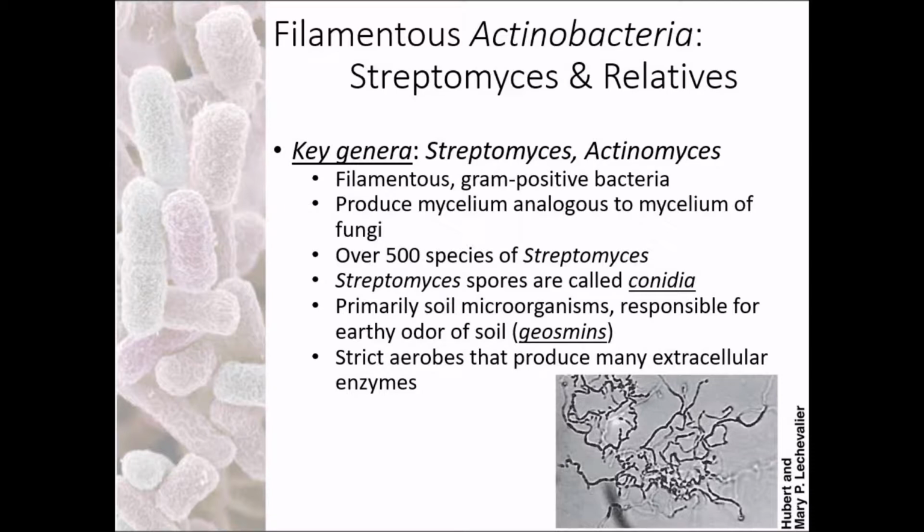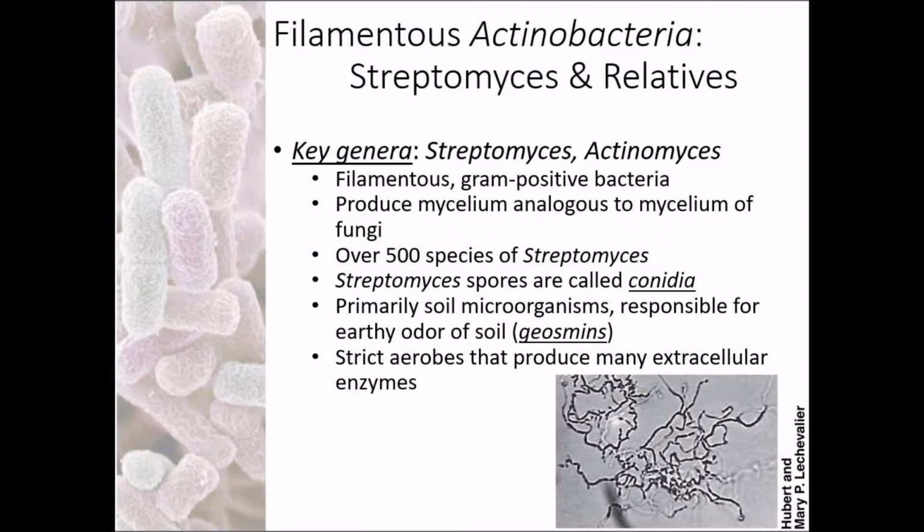Next, key organisms, Streptomyces and Actinomyces within Actinobacteria. They are filamentous, gram-positive bacteria, produce mycelium analogous to mycelium of fungi. Over 500 species of Streptomyces are known. Streptomyces spores are called conidia.